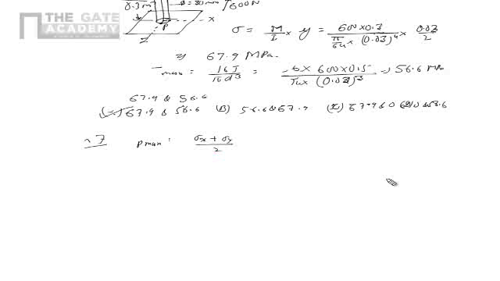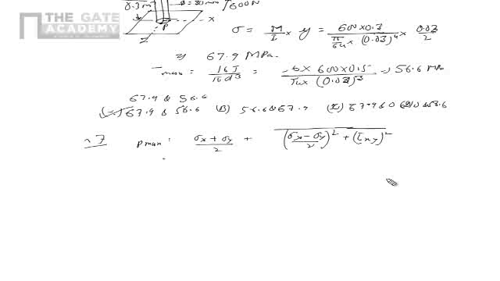But let's see, the formula is sigma x plus sigma y by 2 plus square root of sigma x minus sigma y by 2 square plus tau xy square. This is the normal way of writing the expression for maximum principal stress.